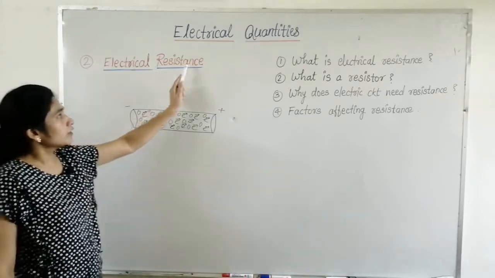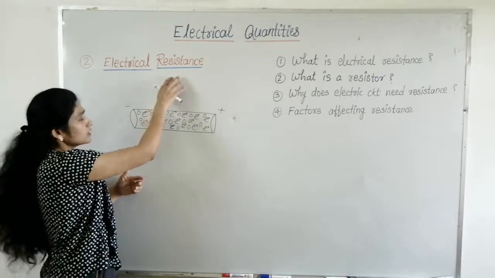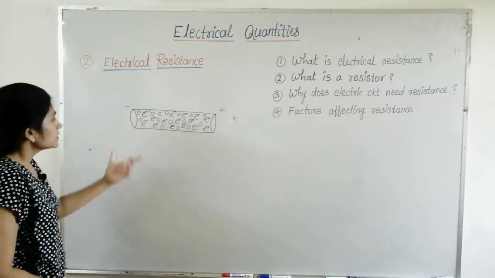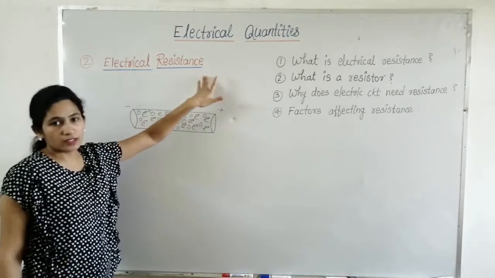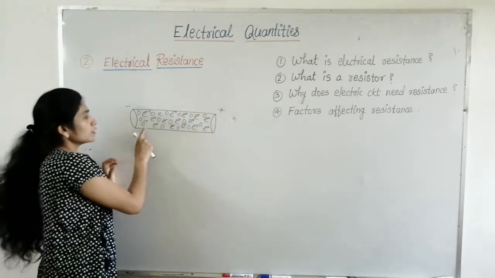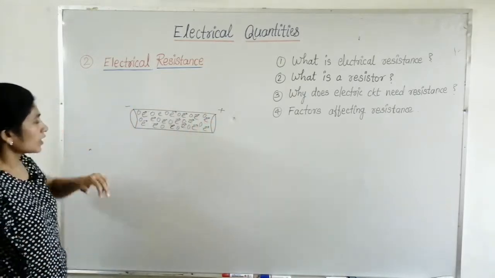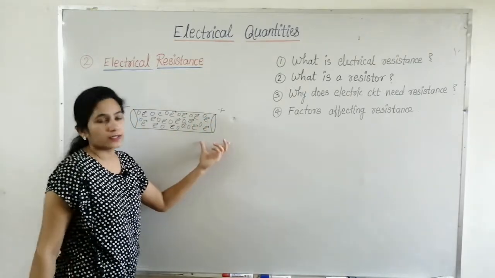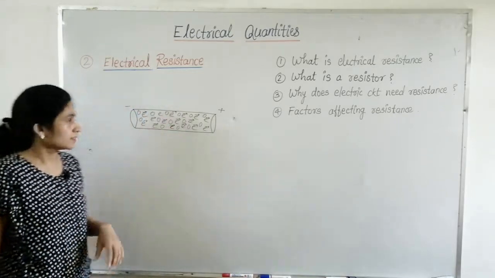We know the meaning of the word resistance, right? Resistance means, in simple language, opposition. So as it opposes electric current, it is called electrical resistance. It is due to the collision with the atoms which electrons have, okay. These electrons while moving through a conductor collide with the atoms, which gives rise to electrical resistance.